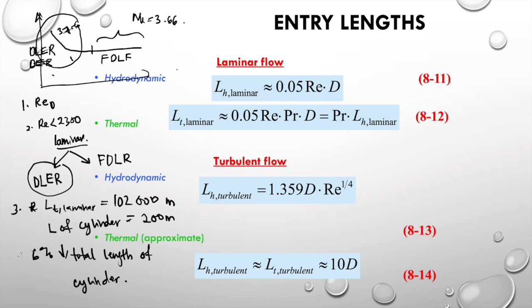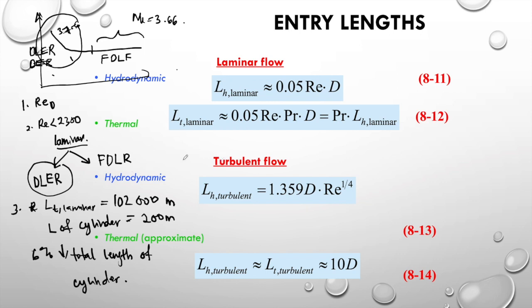Okay, and it is around 6% or maybe 10% and below, because it is too small: 0.3 meter out of 200 meter. It is small compared to 200 meter and you may neglect that value. And it is the same for turbulent flow.